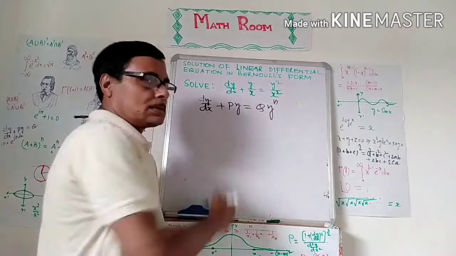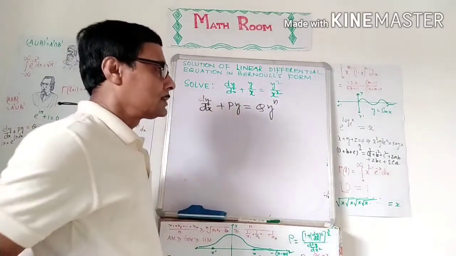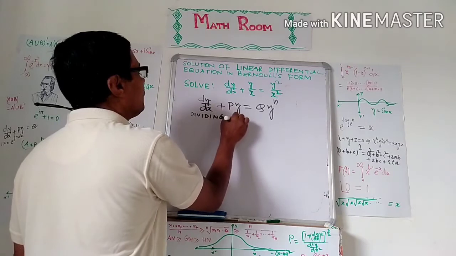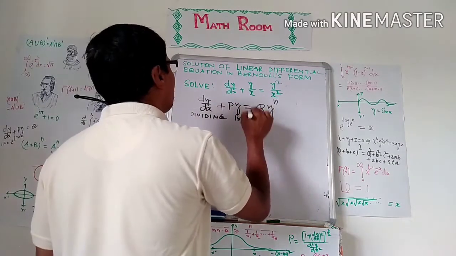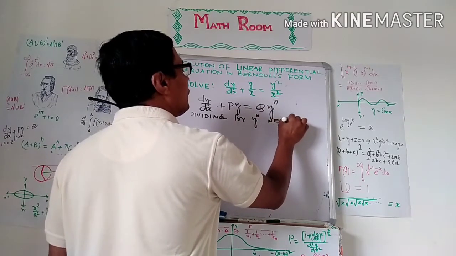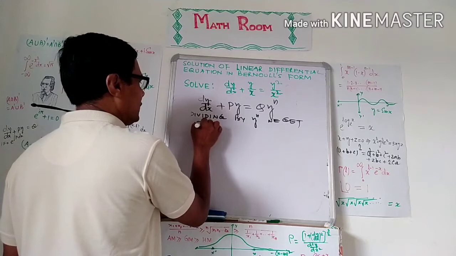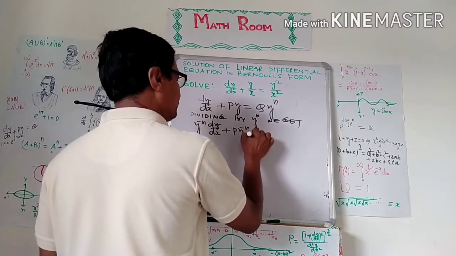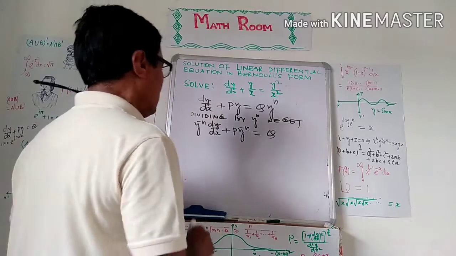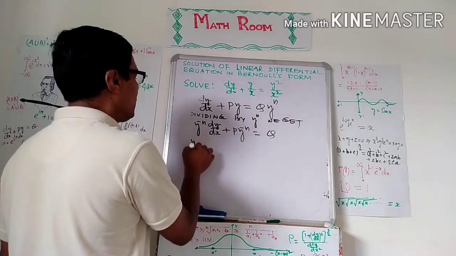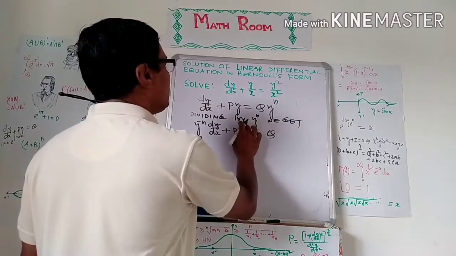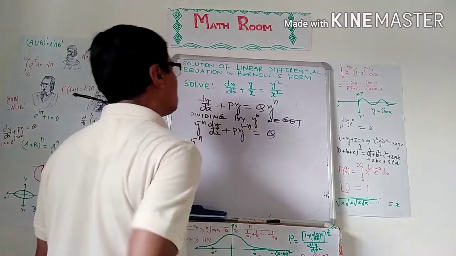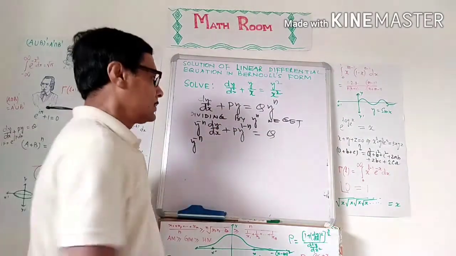Dividing by y to the power n, we get y^(-n) dy/dx + P y^(1-n) = Q.